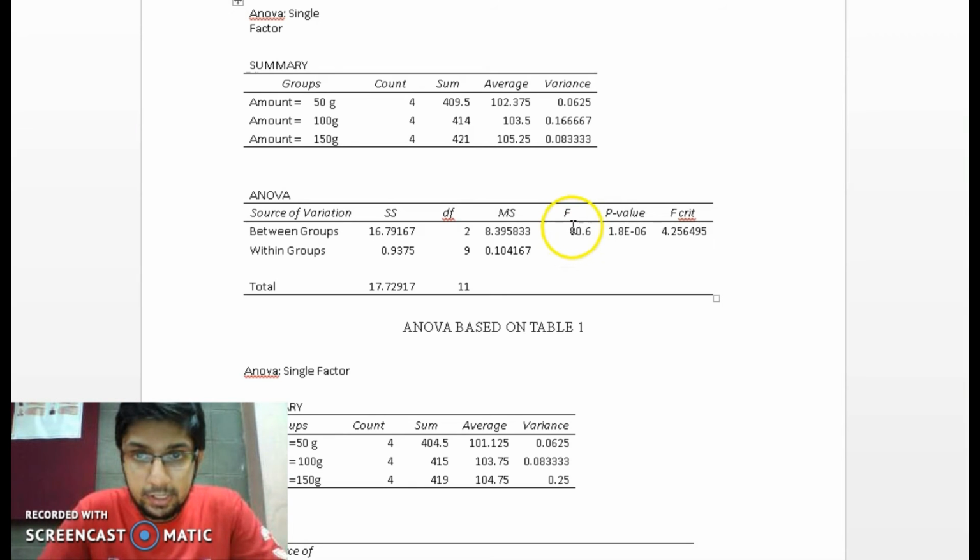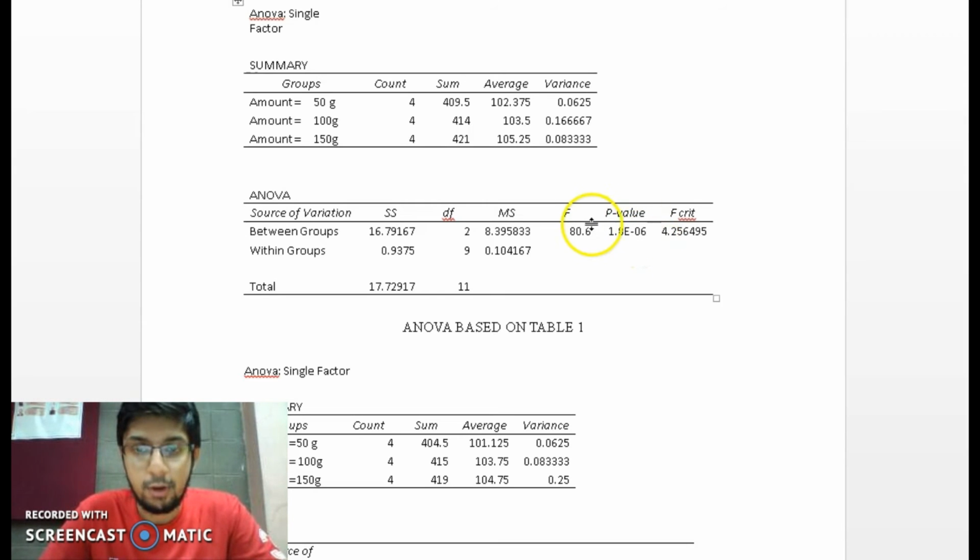Based on this test statistic, we do know that when we have a large test statistic compared to the F critical, this shows that our hypothesis is not accepted.